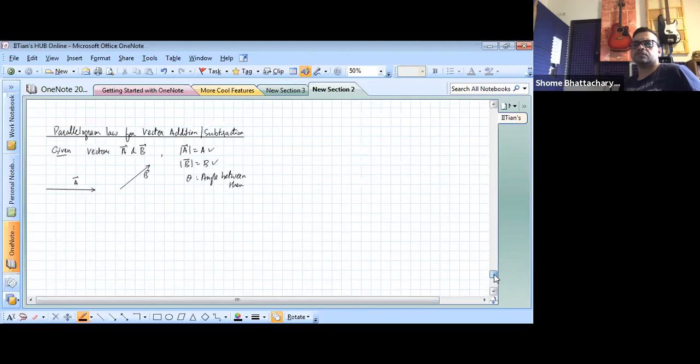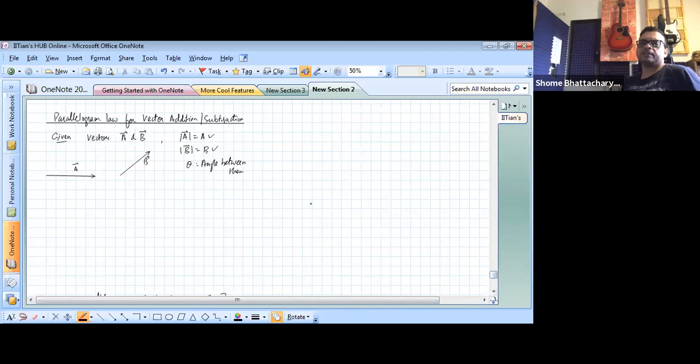So note down the heading first: Parallelogram law for vector addition and subtraction. Then I'll take you to the steps. Given two vectors A and B such that the magnitudes and the angle between them are known, we construct a vector parallelogram, and in that parallelogram the two diagonals respectively represent the sum and the difference.